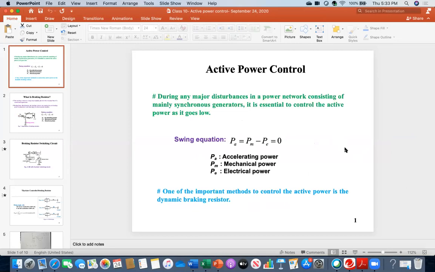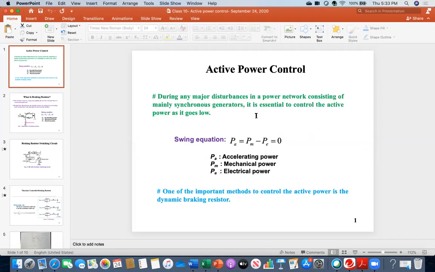So, the main thing of the transient stability control is the active and reactive power control. And of course, between these two, active power is important, especially if the power network has synchronous generators.